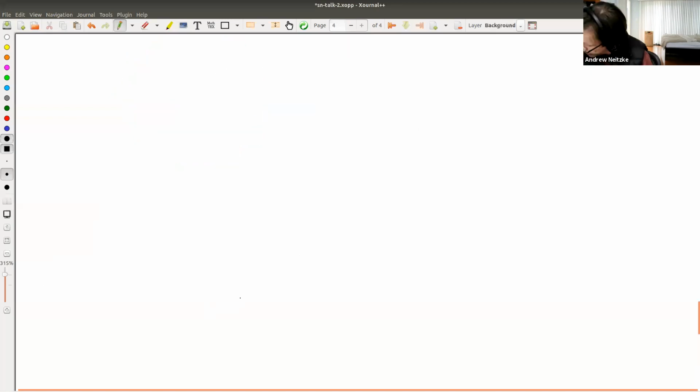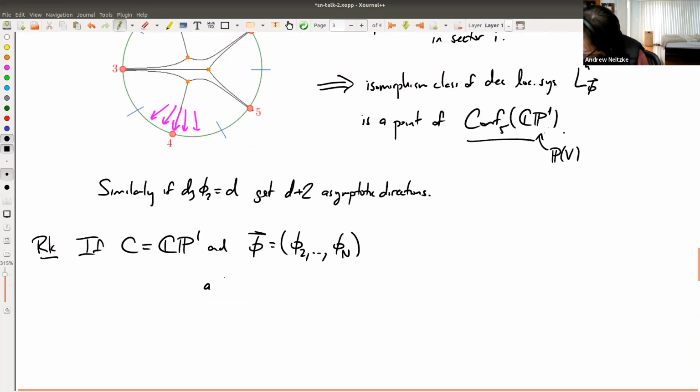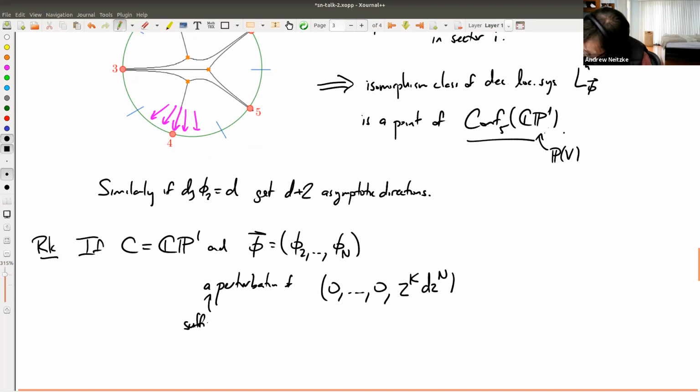Oh, whoops. Phi is a perturbation of 0, 0, only the last one non-zero, z to the k, dz to the n, perturbation of sufficiently low degree. So for example, I could perturb all of them by constants.